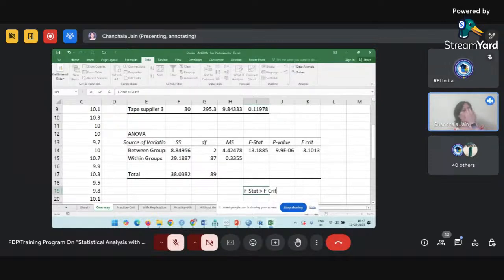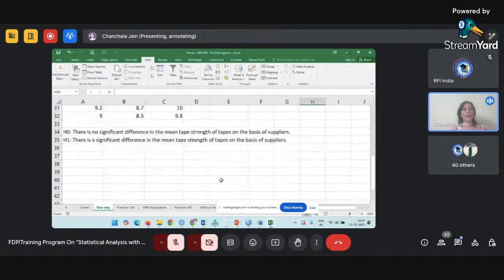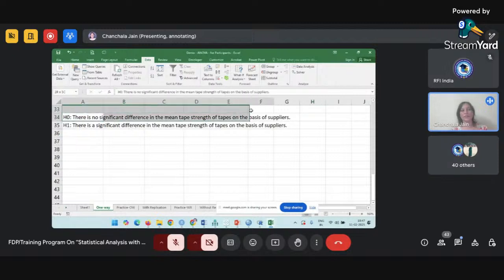Yes, 13.185 is greater than 3.103. So in this case we are going to reject the null hypothesis. We have made the null hypothesis here, so you can read the hypothesis. This is what we are rejecting.